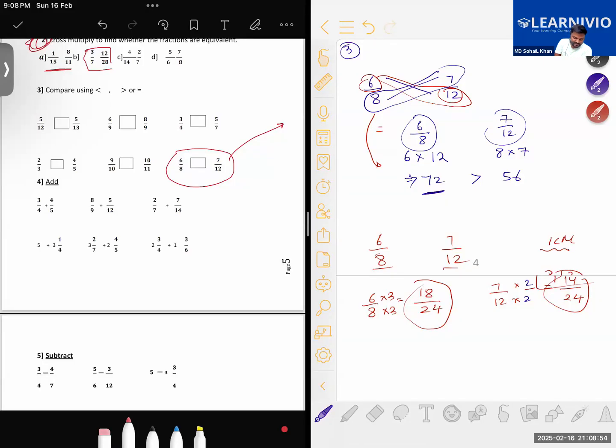If you have understood this, solve the other questions quickly like this. I will be circling some of them. Okay, let's do all of them together.